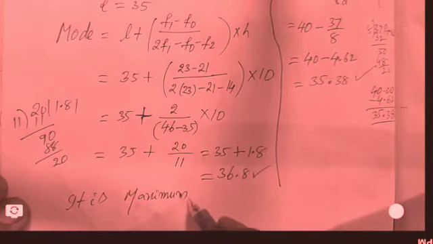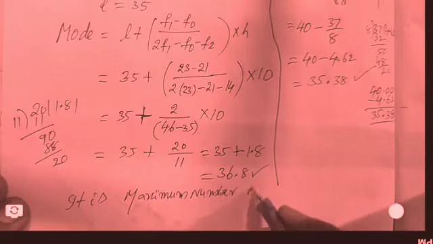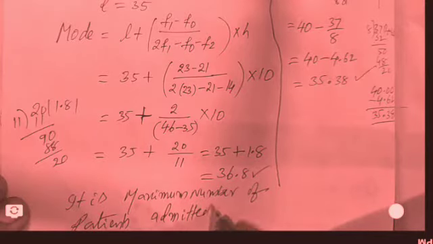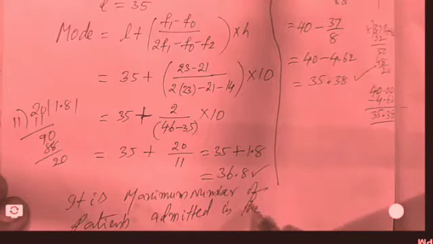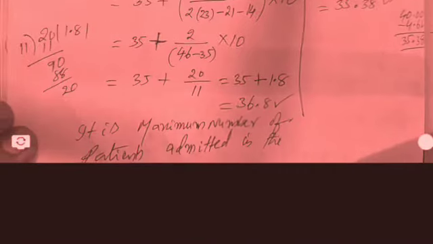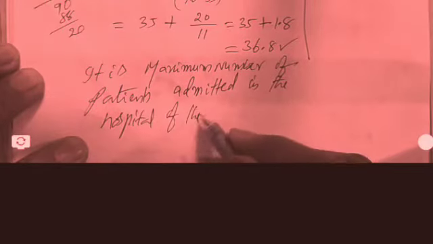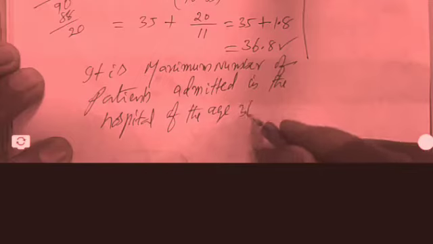It is the maximum number of patients admitted in the hospital, of the age 36.8, that means 37.